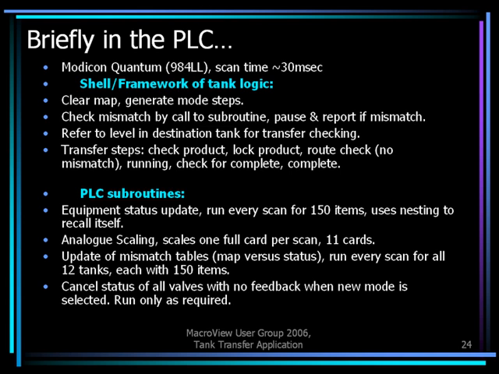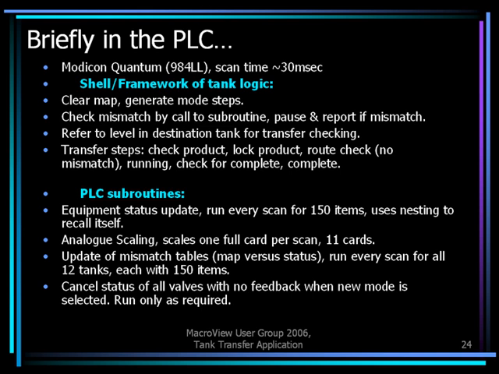The checking of mismatch is done using a subroutine. So we have one subroutine that checks and updates the status for all of those 150 equipment items, and that's done every scan. When we come back from that subroutine, if there's any mismatch, we report the pointer that the mismatch existed on. That gives a feedback straight back to MacroView to say exactly which valve's in the wrong spot.